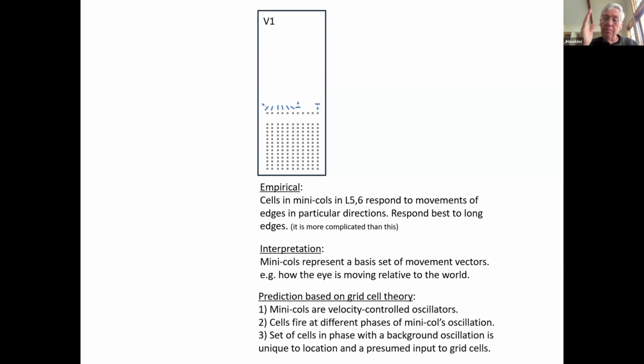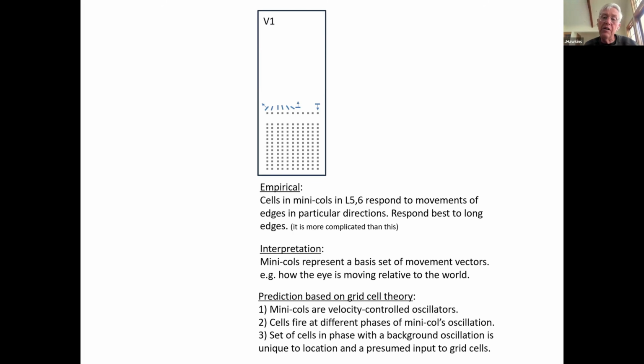But as I speed up the firing of the minicolumn, the cell that peaks with the background frequency changes. So which cell is in coincident activity with the background frequency will move along this column, just like you said, and it'll repeat again at the bottom.